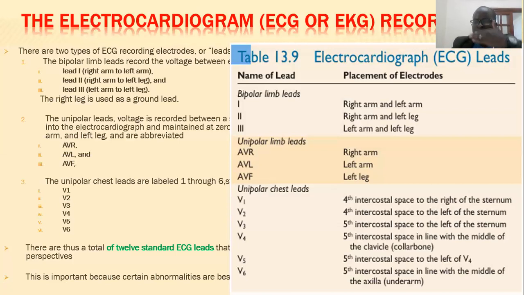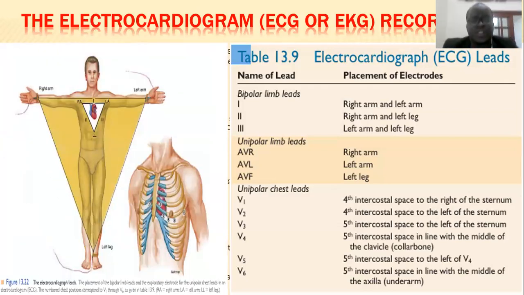They look at the anterior aspect of the heart, and also the lateral aspect, especially the left side of the heart, because this is where you have major ventricular contraction. So you are able to pick up strong signals of the electrical activities on the left side and not the right side of the heart.